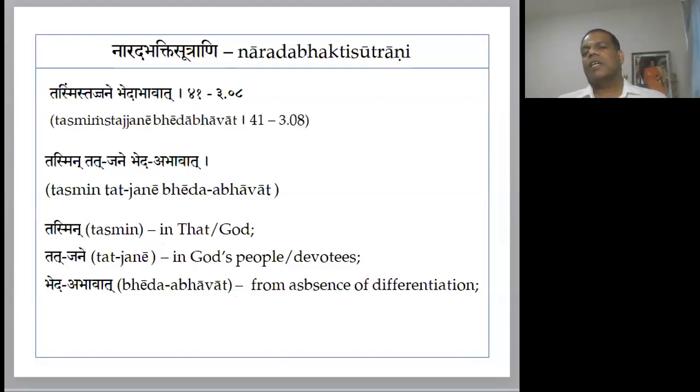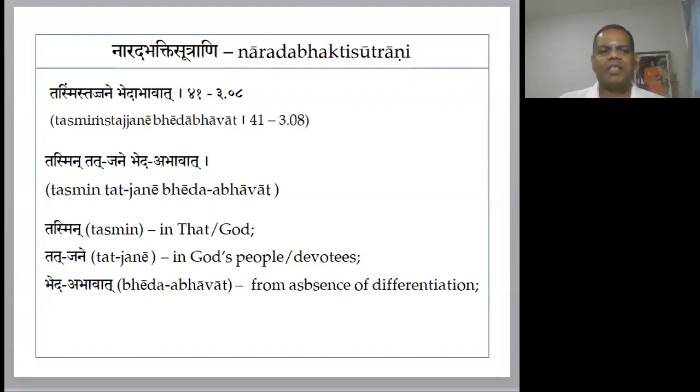That means we do not think that a devotee is different from God. From that absence of differentiation between God and God's people comes devotion. It's a means of devotion. So through that also we can cultivate and nurture devotion, by not differentiating God and God's people. So that's what Narada says.